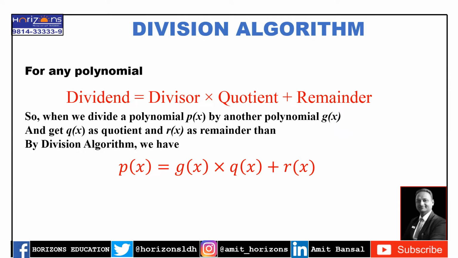So when written in the form of algebraic expressions or polynomials, if we divide a polynomial p(x) by another polynomial g(x) and we get q(x) as the quotient and r(x) as the remainder, then by the division algorithm p(x) is equal to g(x) into q(x) plus r(x). Division algorithm states that dividend is equal to divisor into quotient plus remainder. So p(x) is equal to g(x) into q(x) plus r(x).